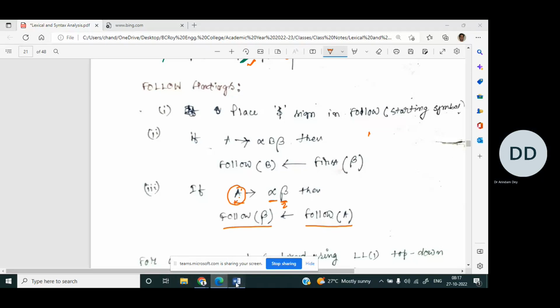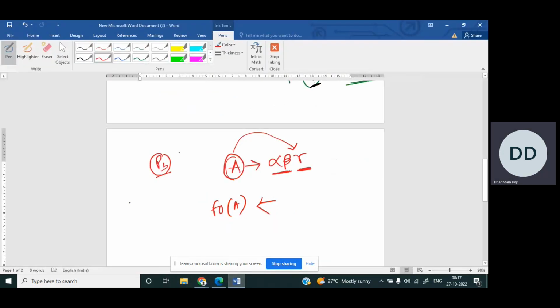That means if I am checking the follow of A and follow of gamma, I was considering this part. So the follow of gamma will contain whatever calculation I obtained by finding the follow of A.